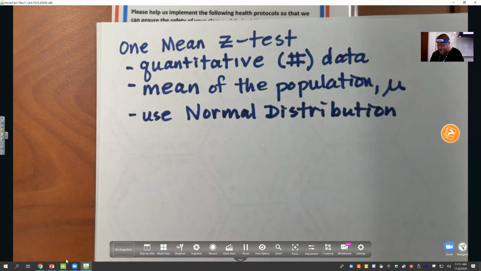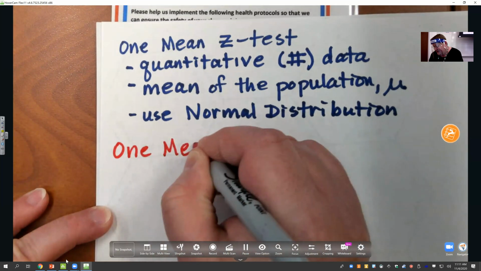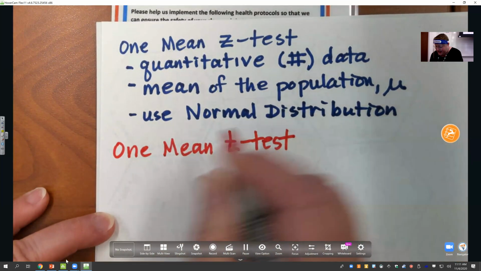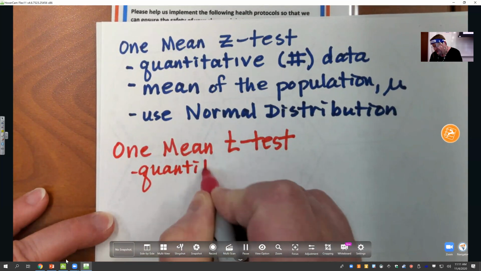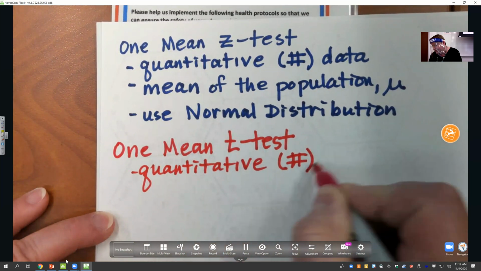Then also in Module 3, we talked about the one mean t-test. It is also used when you have quantitative or numerical data.